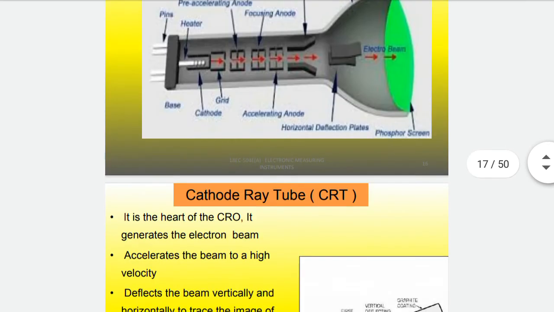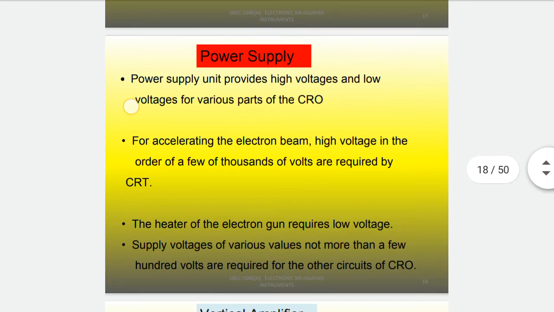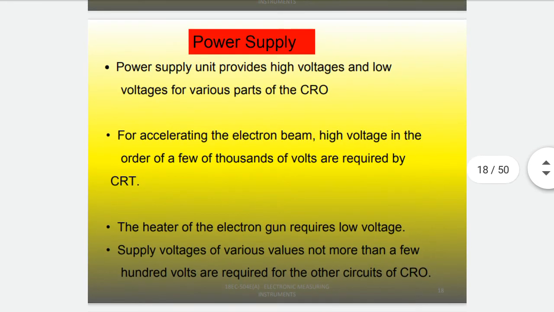The power supply unit provides high voltages and low voltages for various parts of the CRO. For accelerating the electron beam, high voltage in the order of a few thousand volts is required by the CRT. There are two sections of power supply blocks.